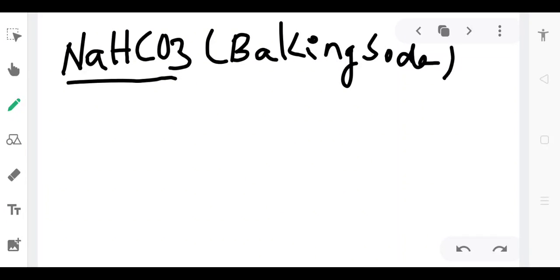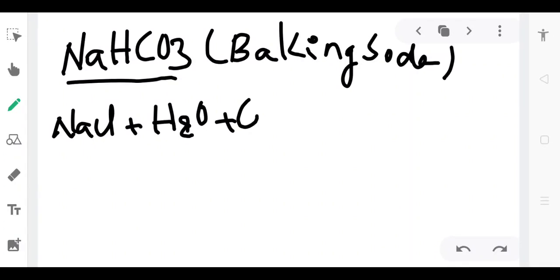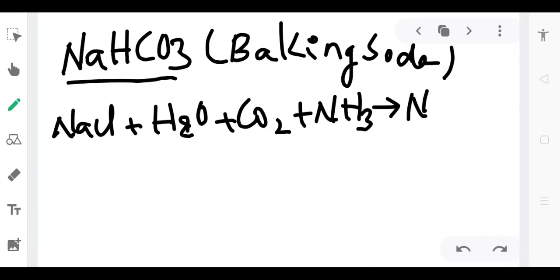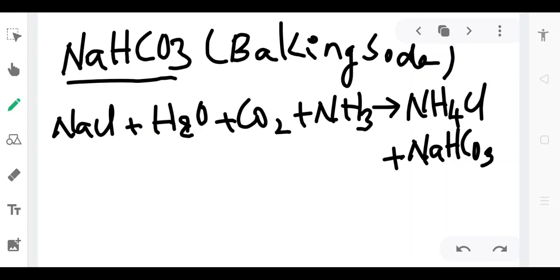So the reactants are sodium chloride plus water plus carbon dioxide and ammonia, which react to form ammonium chloride plus baking soda, NaHCO3. So this is baking soda preparation.